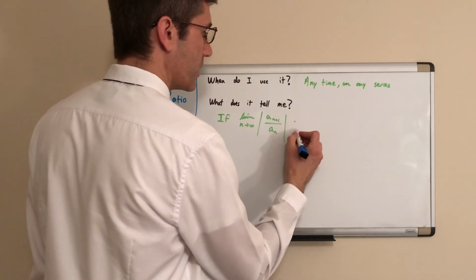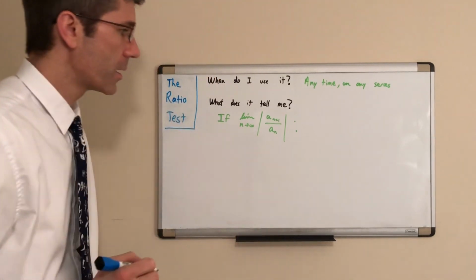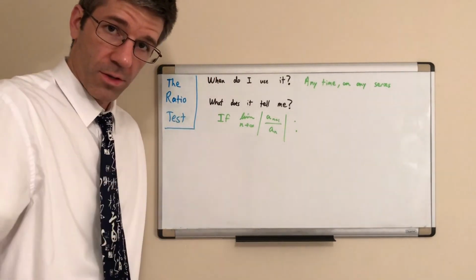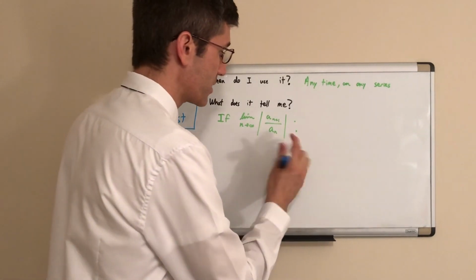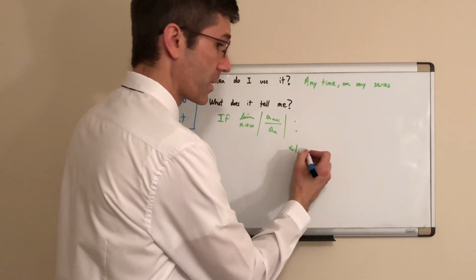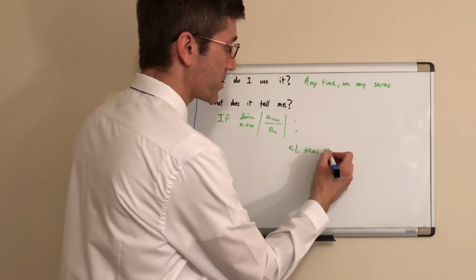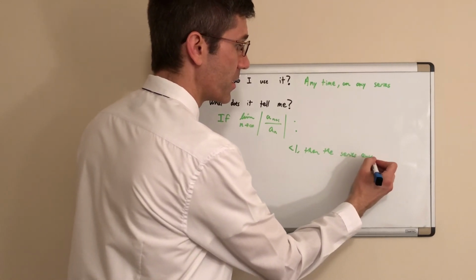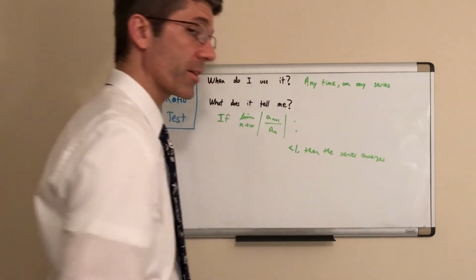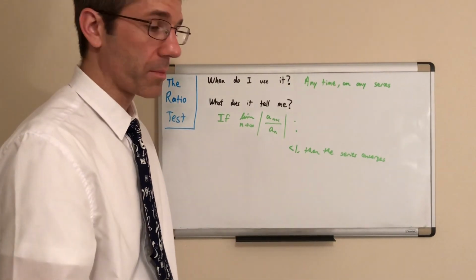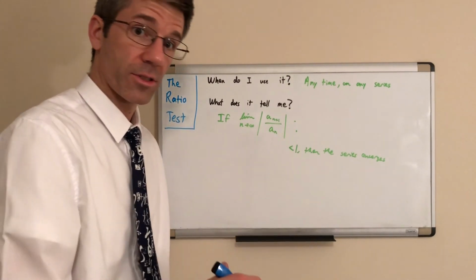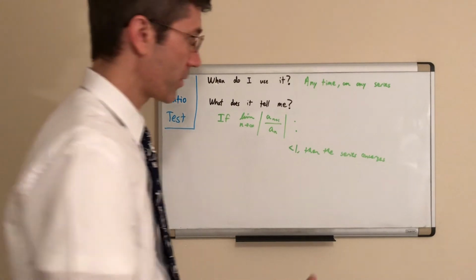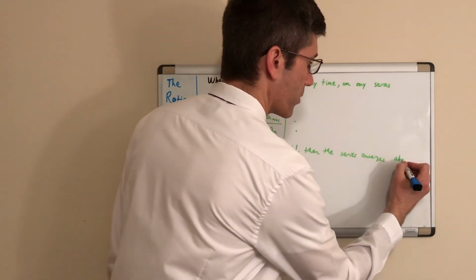If that is, and I'm putting a colon here, and from there I'm going to branch off into three different statements. So if this is less than 1, then the series converges. And not only does it converge absolutely, meaning if it was alternating, then that converges, and if it's positive, then that converges. So absolutely.